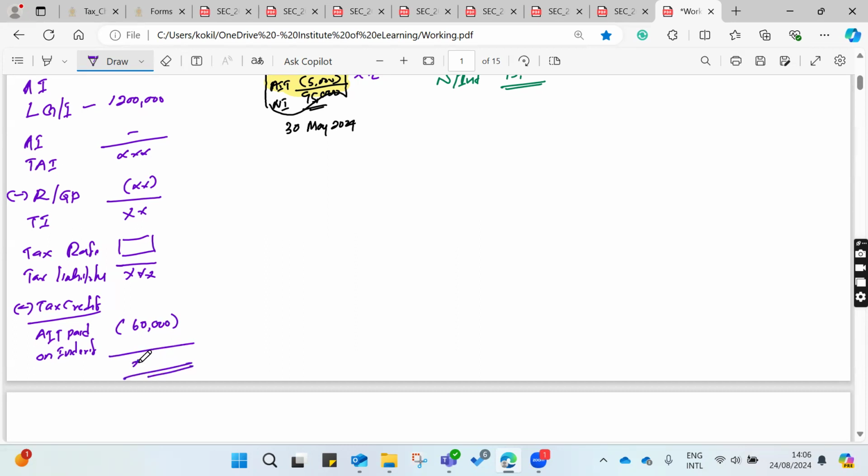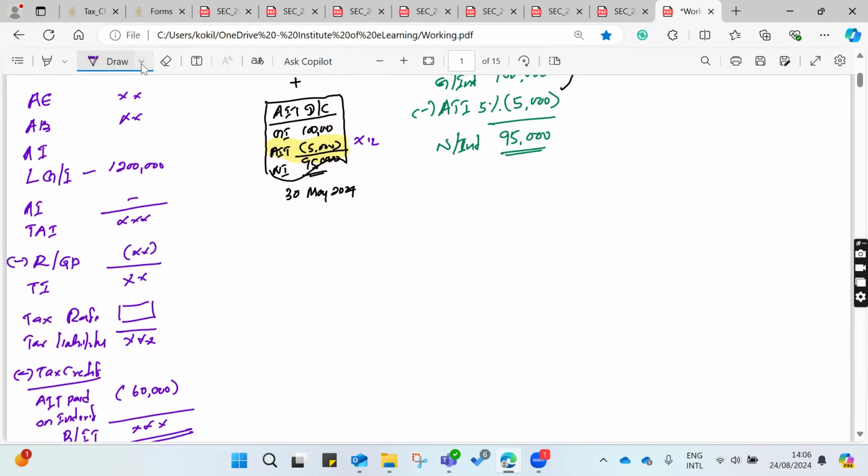Then if there is any balance, you will pay the balance income tax on or before 30th September 2025. Then these two things are linked to here. If you take gross interest, you multiply it by 12 and take it here.